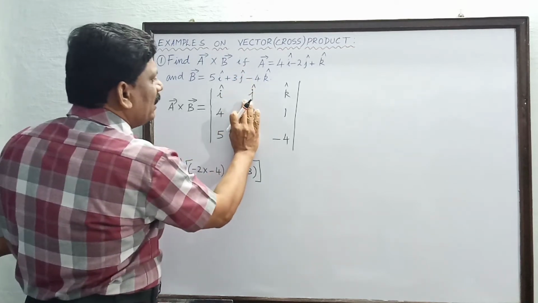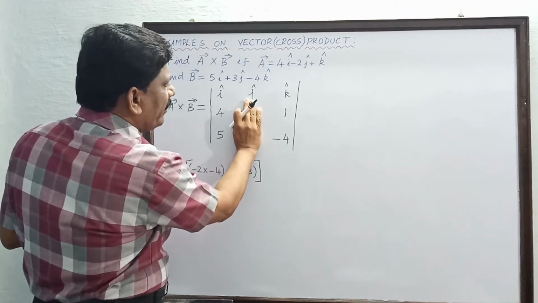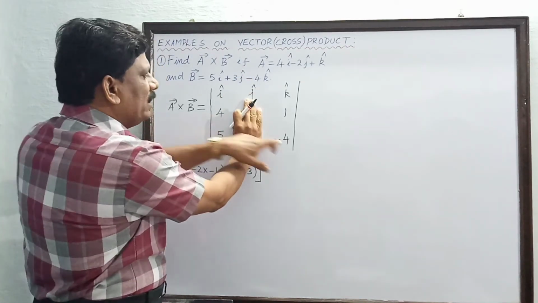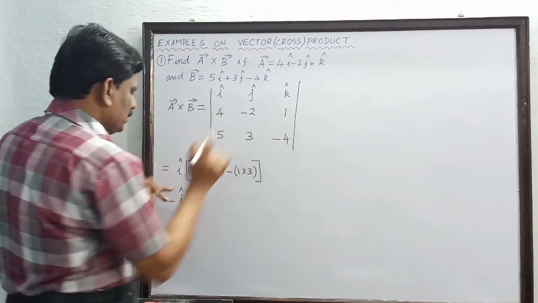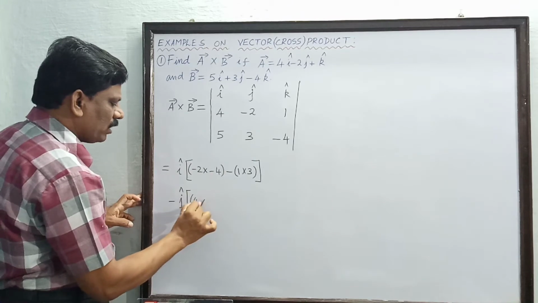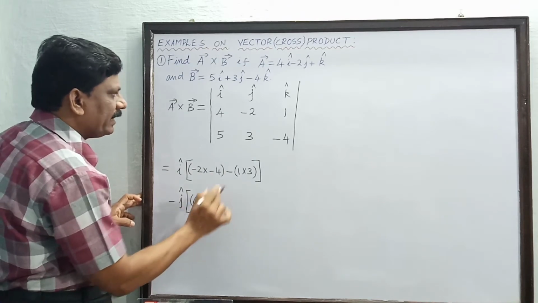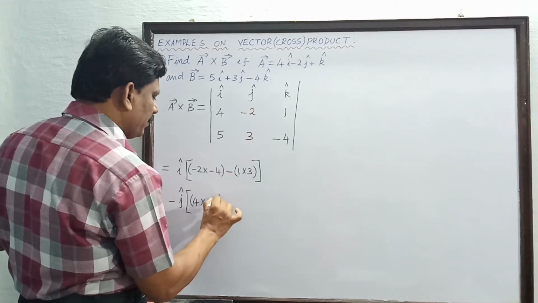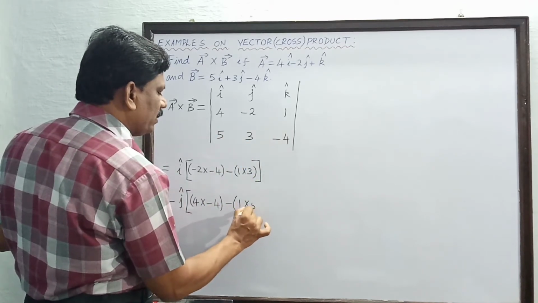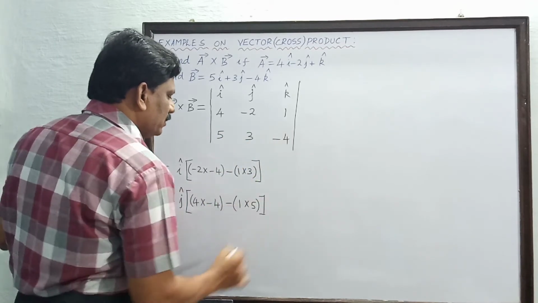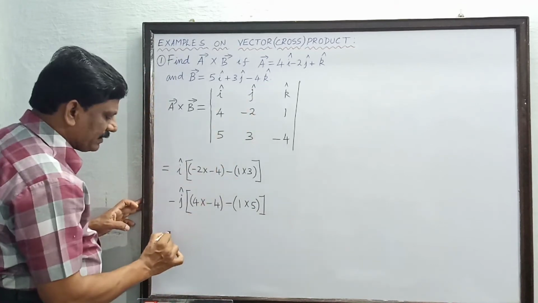This column I will hide. So 4 into minus 4, minus 1 into 5. The last one is plus k cap.